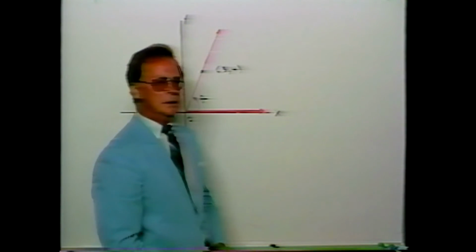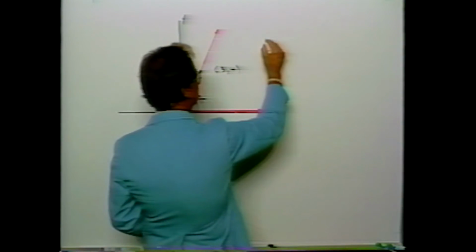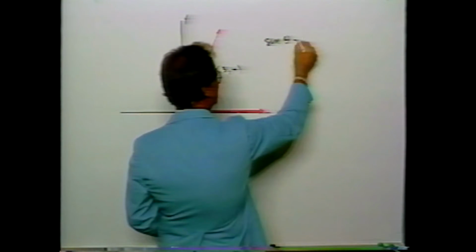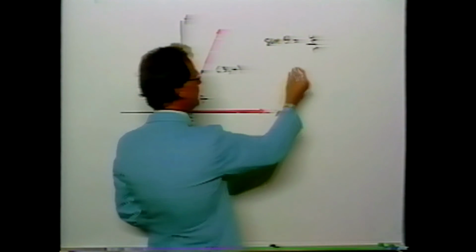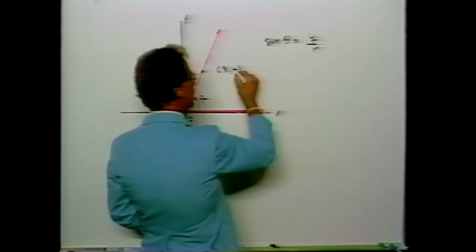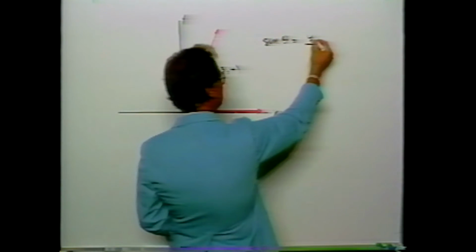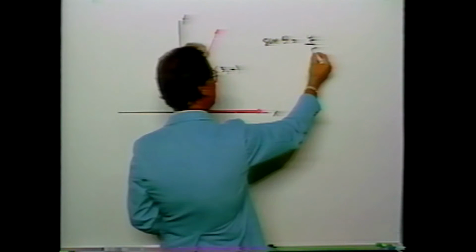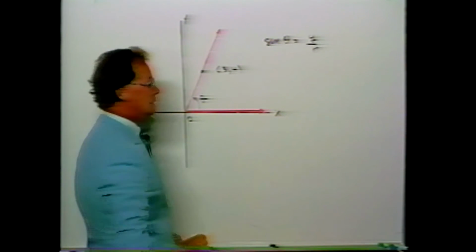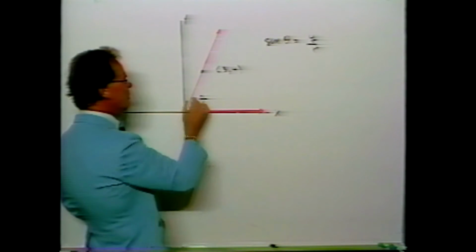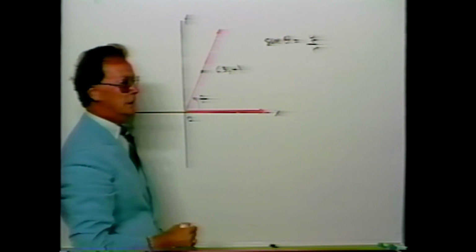Then the sine of theta, which equals y over r, is simply a matter of placing the coordinate of y in that position and the length r, which is the length of the terminal arm from the origin to the point.